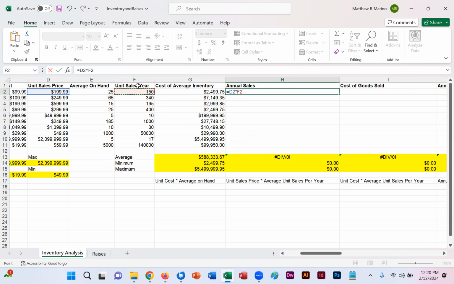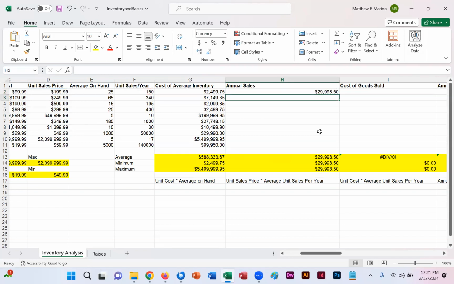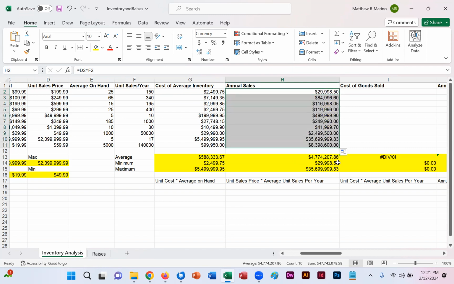So this unit sales / year means unit sales per year. We click enter. We get our little under 30,000. You'll see that average, min, and max all show that number. But when we click back in and autofill the formula down, now we get all different average, min, and max. It's based on our 10 answers.